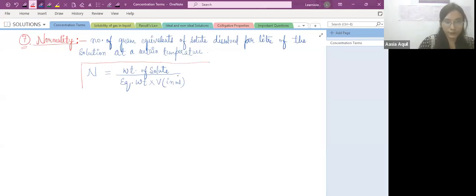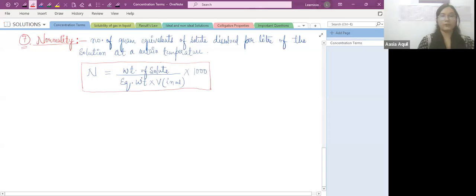As you are taking the volume in milliliter, just multiply it by 1000. So this is the formula.